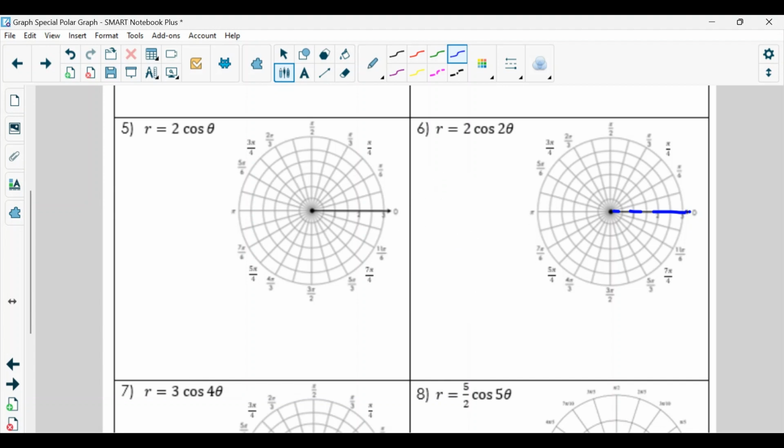There are going to be four petals, evenly spread around the circle. So I need to find the distance between each petal. I divide 2 pi by 4, which is pi over 2. So if the first one is at 0, the second one is at pi over 2, the third one is at pi, and the fourth one is at 3 pi over 2. That one is pretty easy.